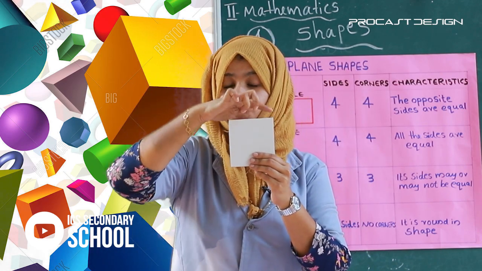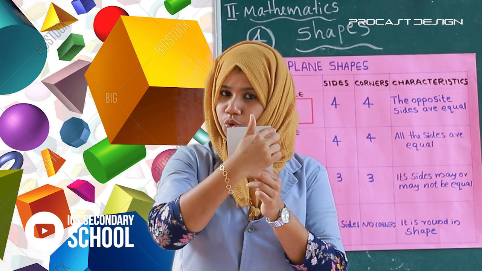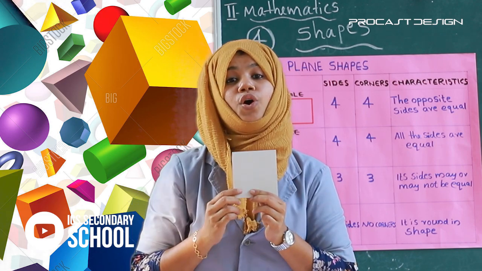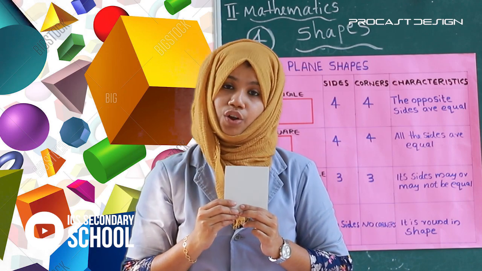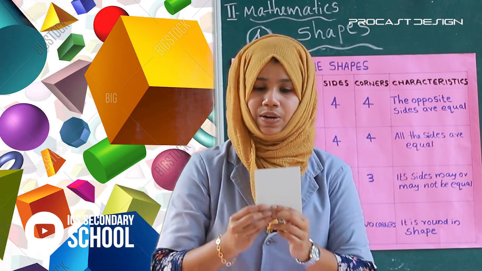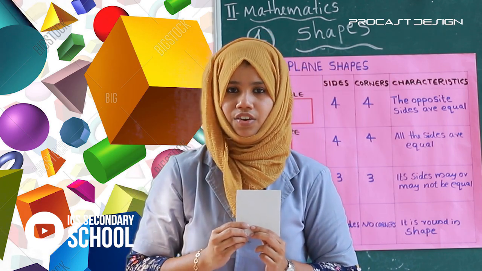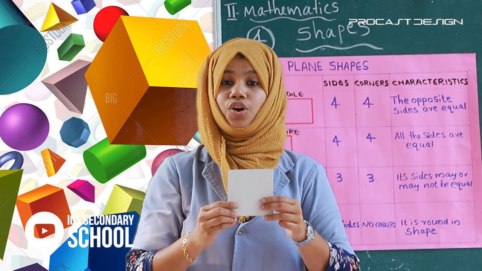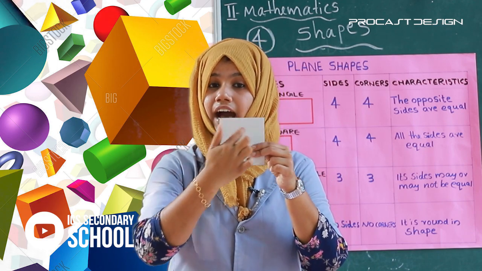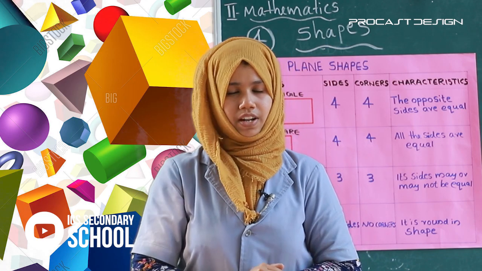This is the corner. Yes, 1, 2, 3 and 4 corners are there. And what is the characteristic? All the sides are equal in a square. Is it clear? So, a square has 4 sides, 4 corners and all the sides are equal.